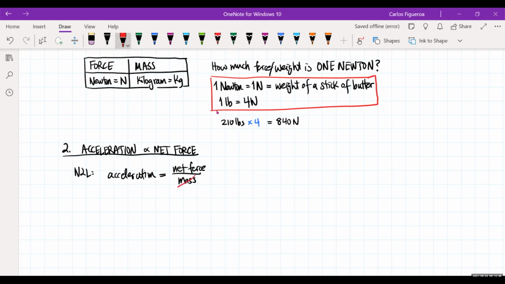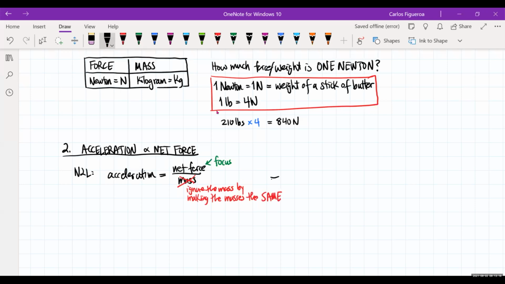So when I say that the acceleration is proportional to the net force, what that means here is that I'm going to ignore the mass by making the masses the same. This is our focus.